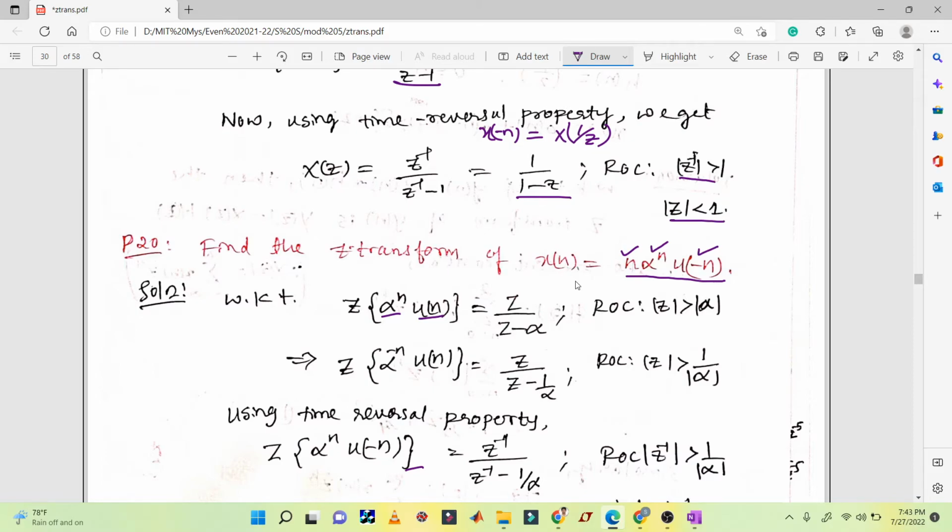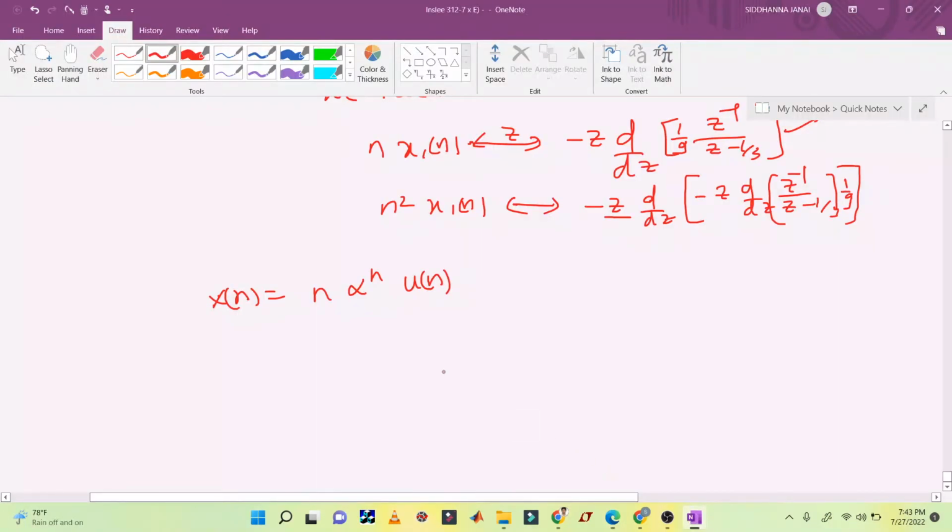So here this problem is actually n into alpha to the power minus n u of minus n. That's why if we say this as an equation, here also I made a mistake. Sorry for that. Let me consider the problem again: alpha power minus n u of minus n.